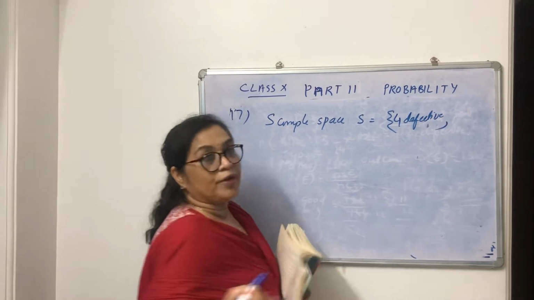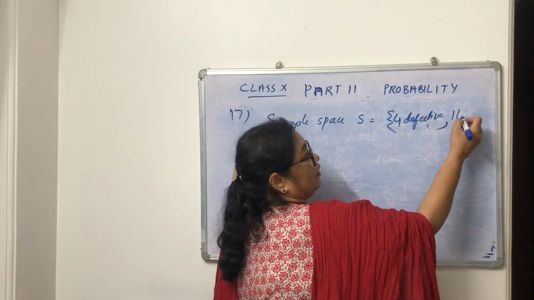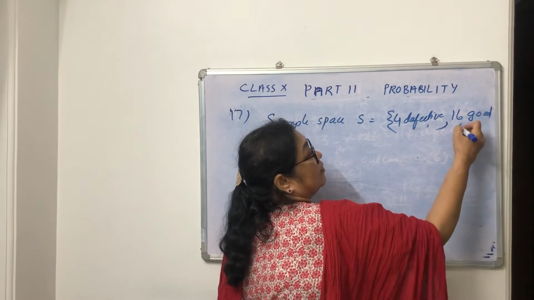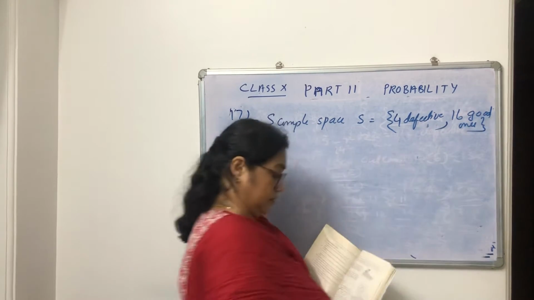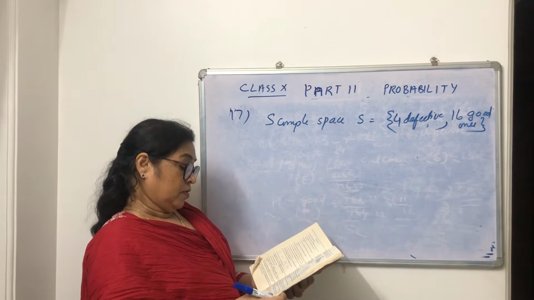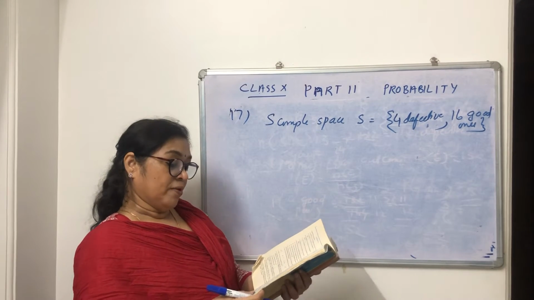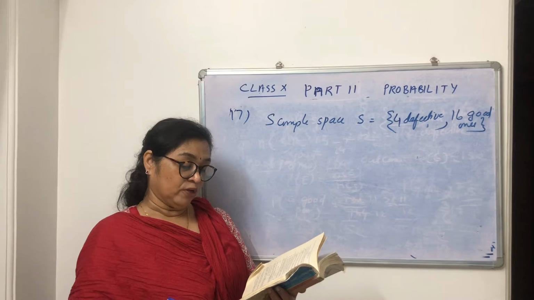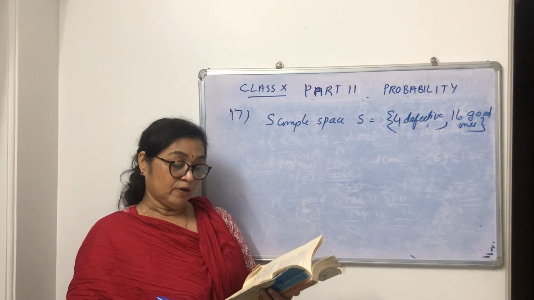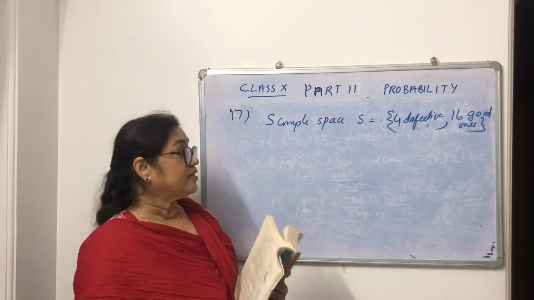Then out of 20, 16 are good ones. One bulb is drawn at random from the lot. What is the probability that the bulb is defective?